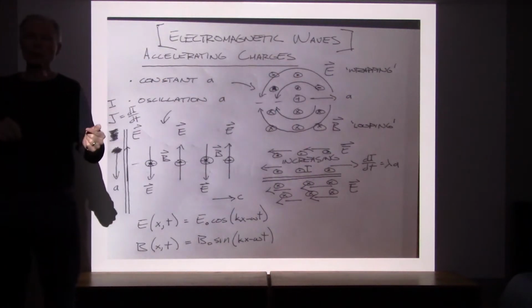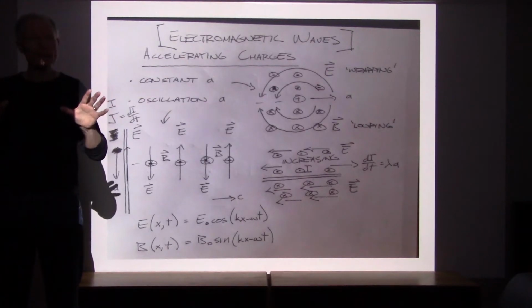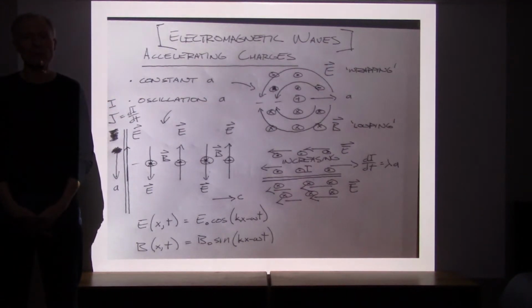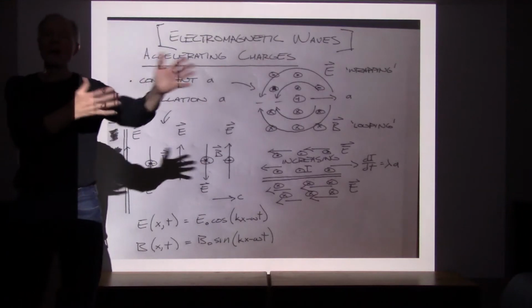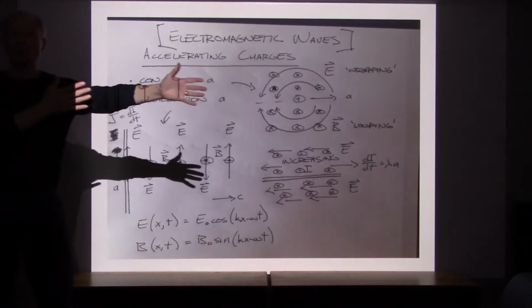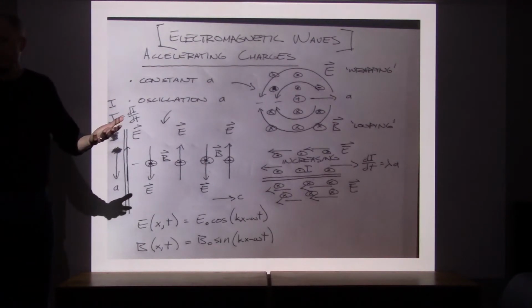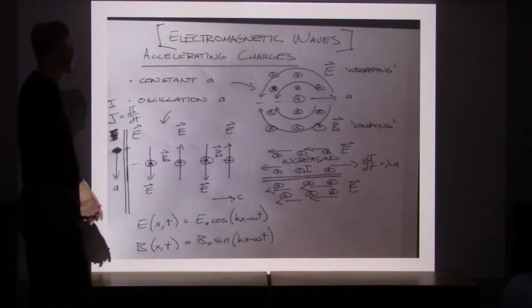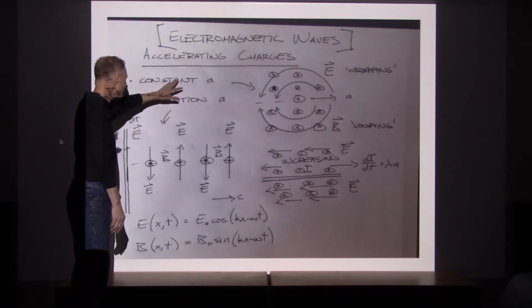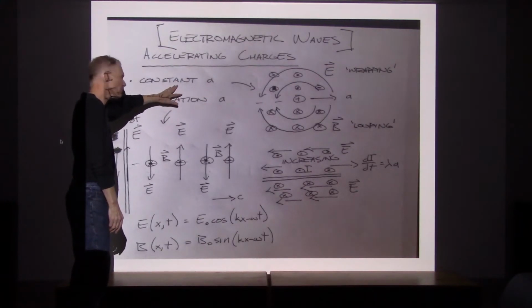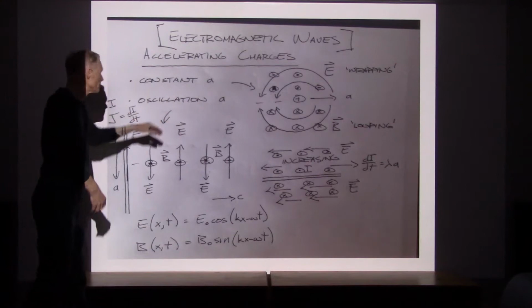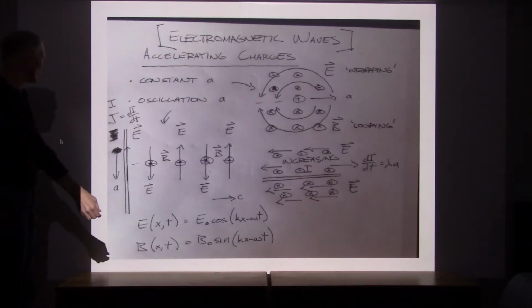And oscillating charges radiate oscillating electric and magnetic fields. But constant acceleration charges radiate constant electric and magnetic fields. That's how it works. So again, it's not always going to be oscillating. It could just as well be a constant acceleration.